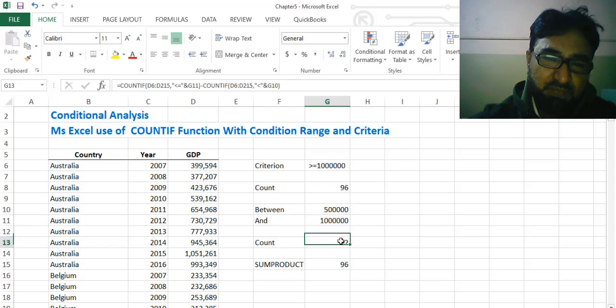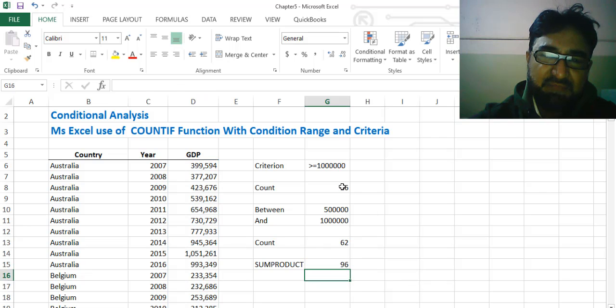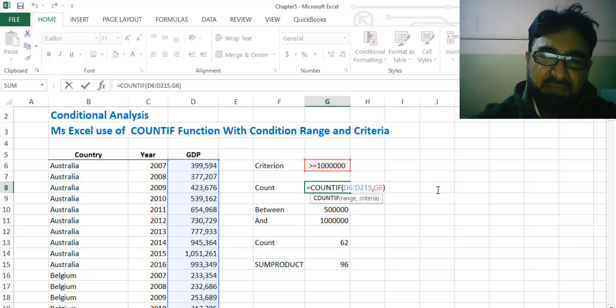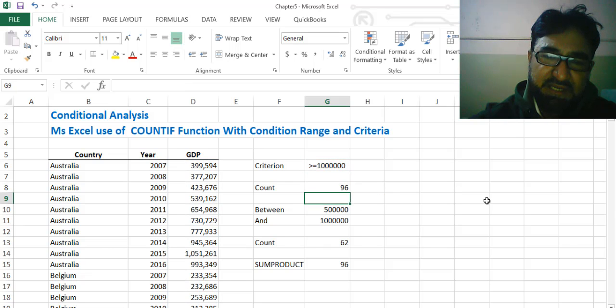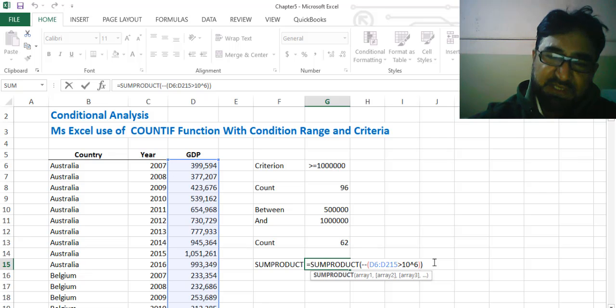They are 62. And SUMPRODUCT is also giving the same answer. COUNTIF is getting 96, and here the SUMPRODUCT is also getting the same result.